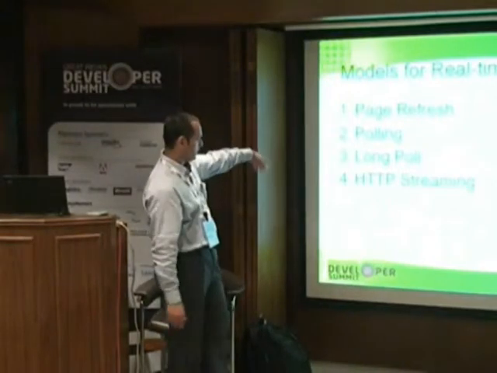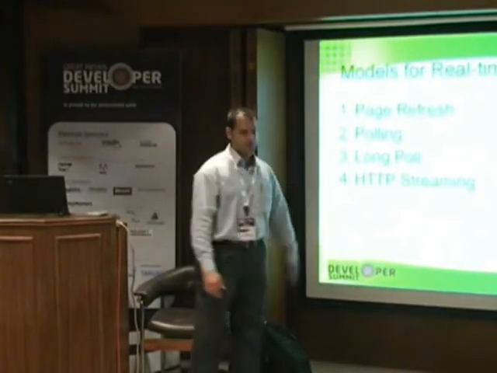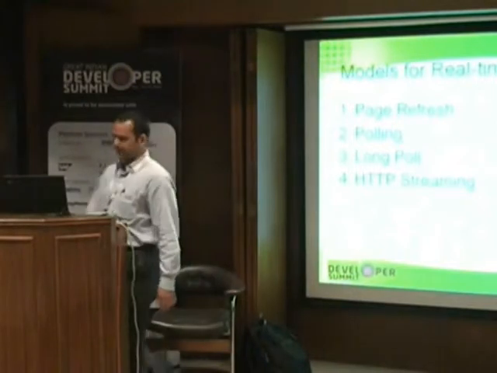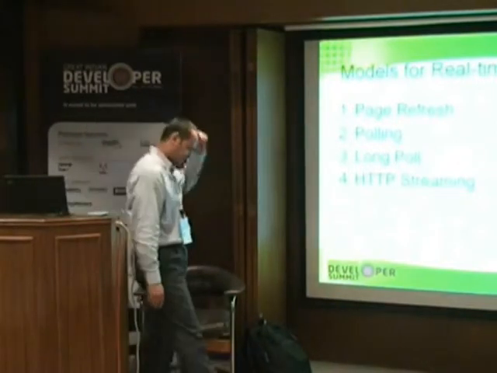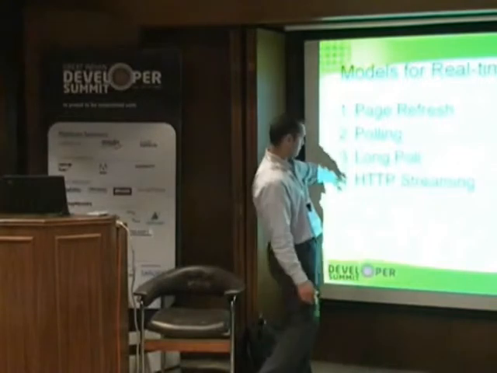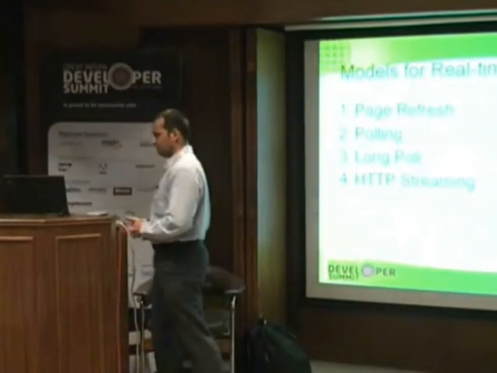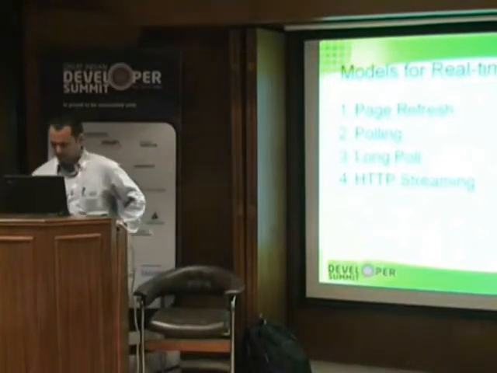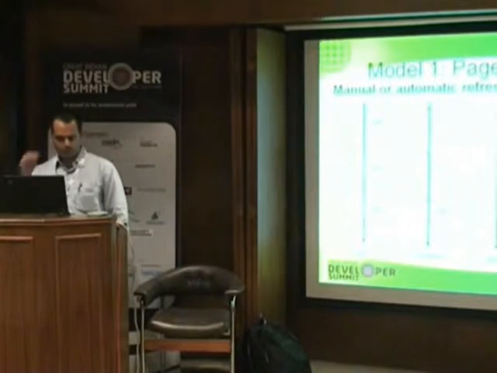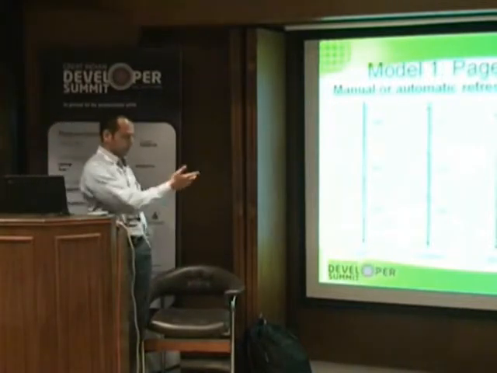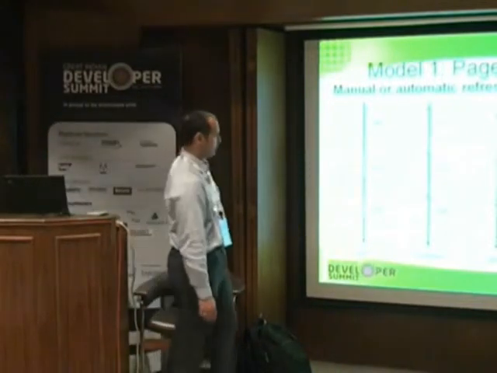There's polling, there's long poll, and there is HTTP streaming. HTTP streaming basically requires some installation on the server side, because we'll go through those slides. You must have seen these slides in Lightstreamer, because they're based on the Comet thing.